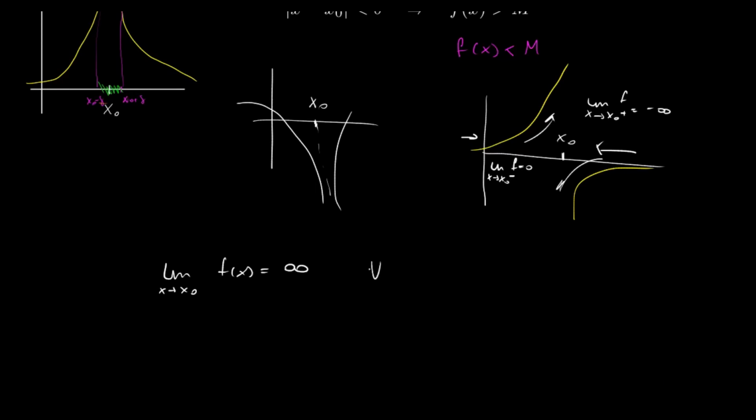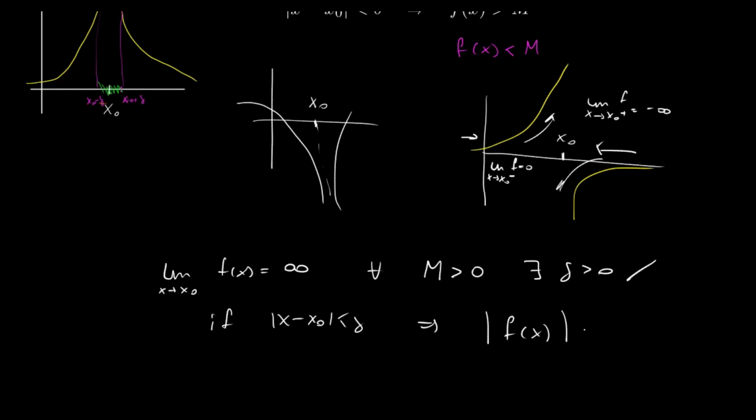And the definition for this is that for every m greater than 0, there exists a delta such that if |x minus x0| is smaller than delta, then the absolute value of our function is greater than m, because the positive part of our function would stay as it is, and the negative one would be flipped like this. And so we're back at having this case.